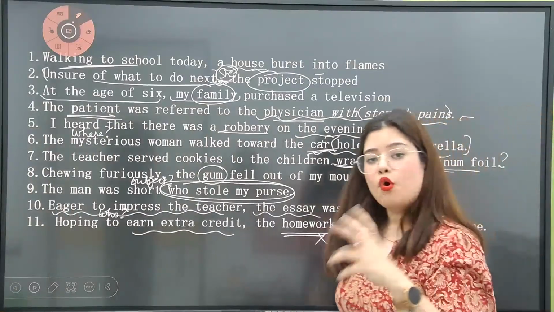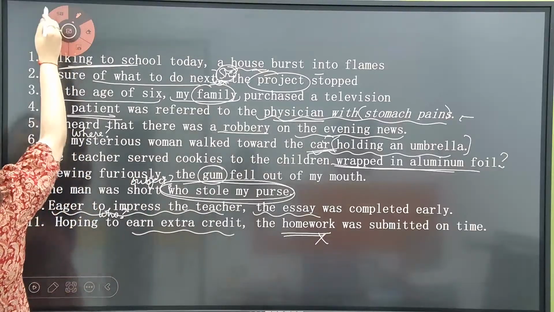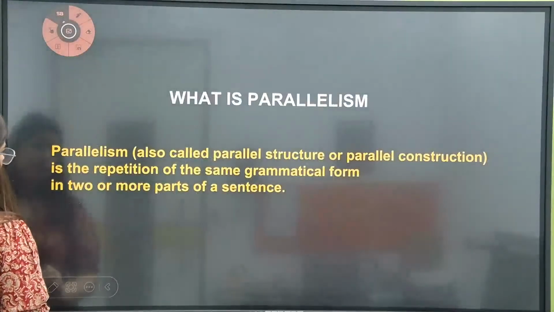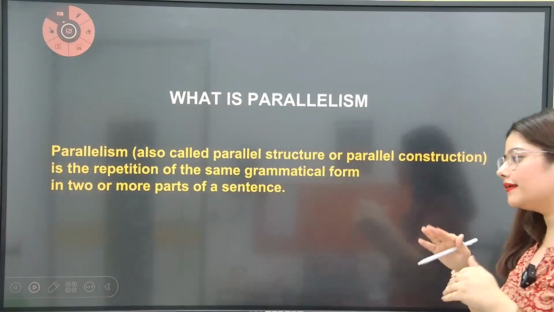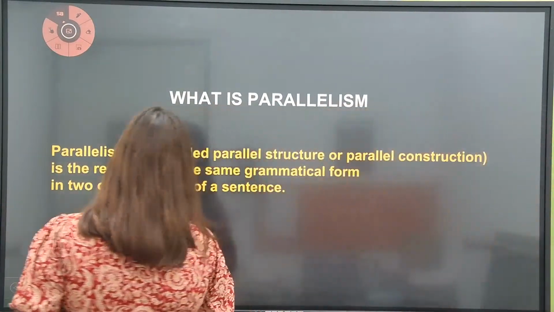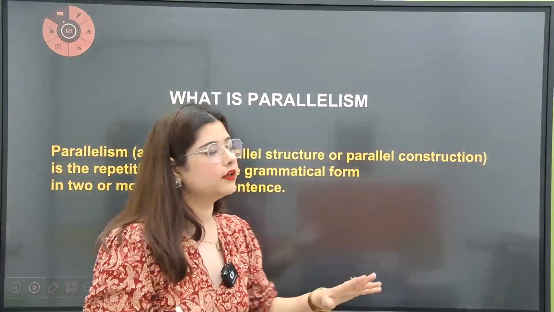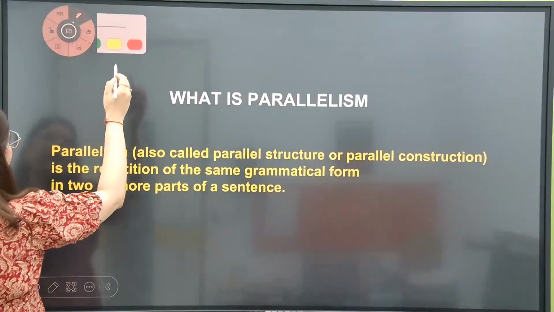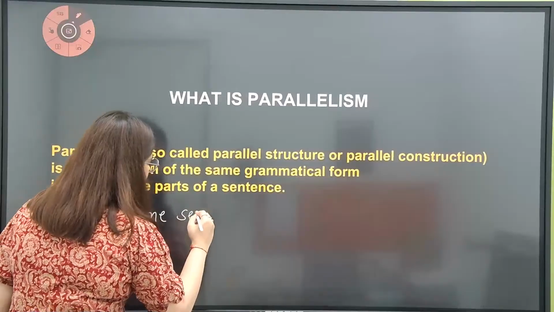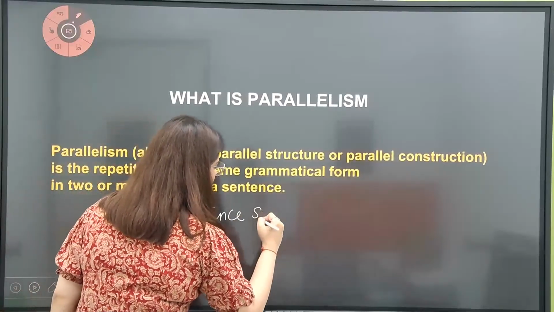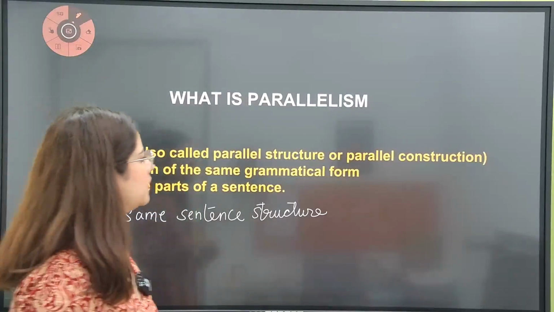Right? Moving on to parallelism. What do we mean by parallelism? Parallelism means to have the same sentence structure throughout the sentence.